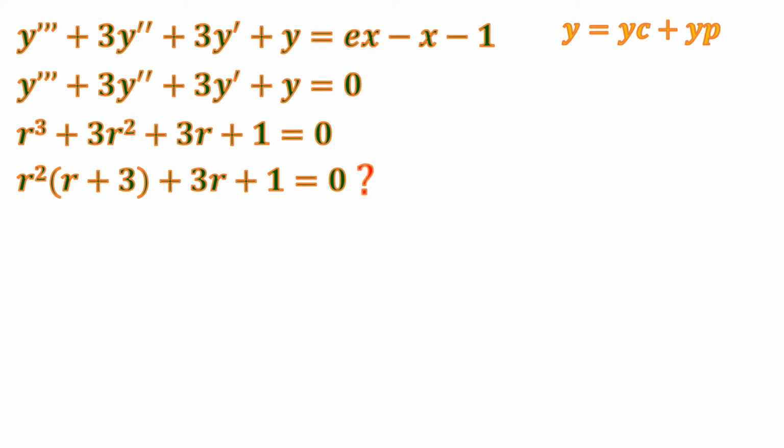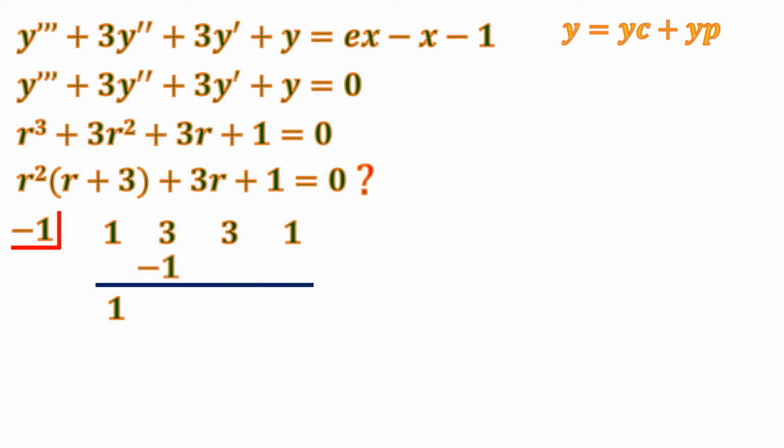We're going to use synthetic division. We'll put the coefficients 1, 3, 3, and 1, and let's try -1. Bring down the 1, and 1 times -1 is -1. Combine 3 and -1, that's 2, and 2 times -1 is -2.